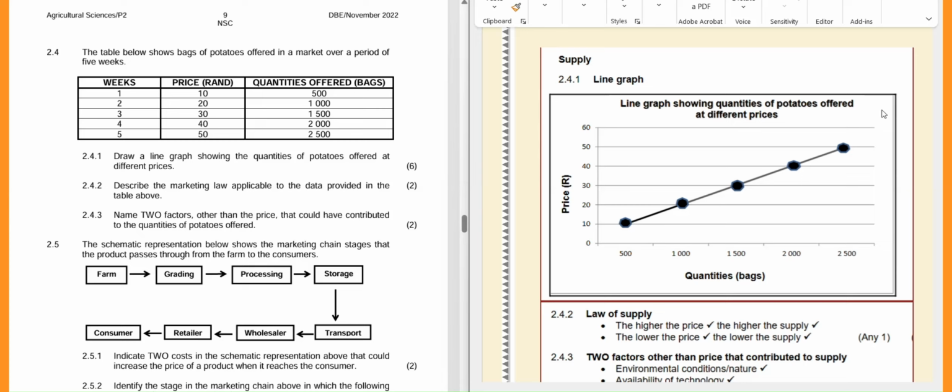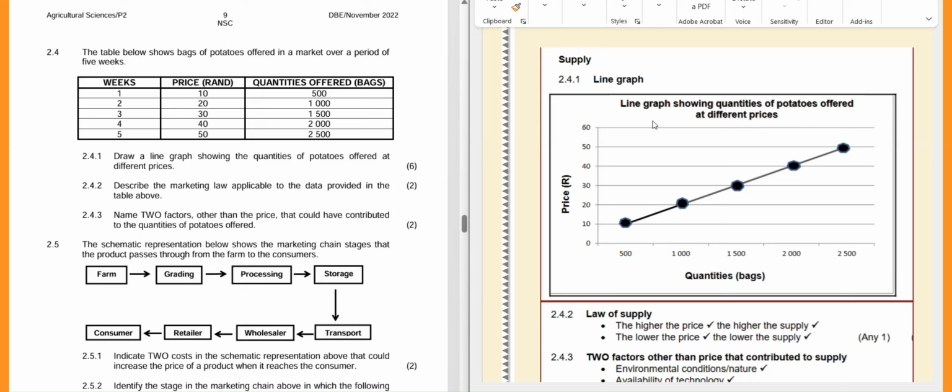So here you should have a heading, which is a line graph showing the quantities of potatoes offered at different prices in a market over a period of 5 weeks. That will be the heading.